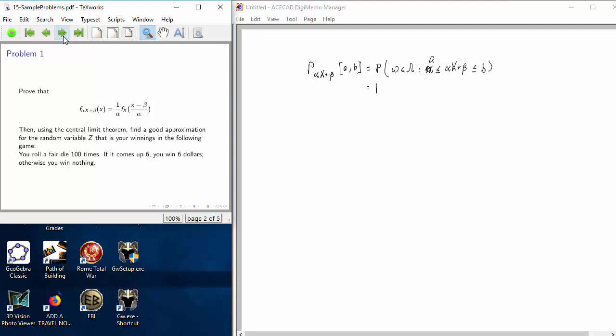And the usual thing you do here is you transform the inequality until eventually you've got an x in the middle.